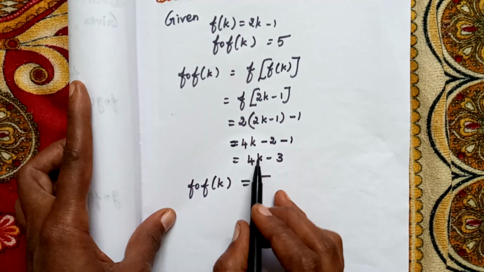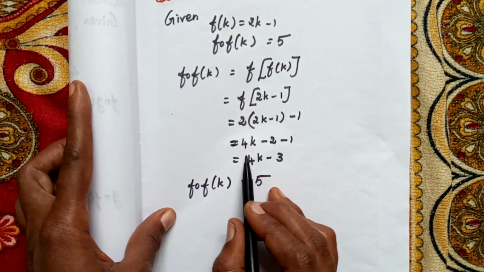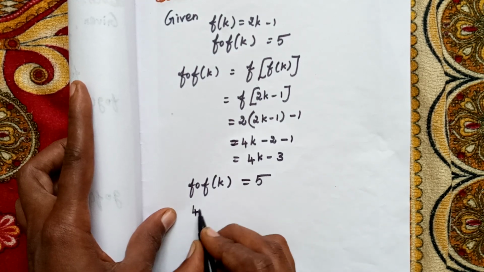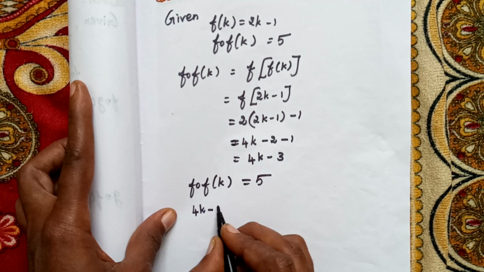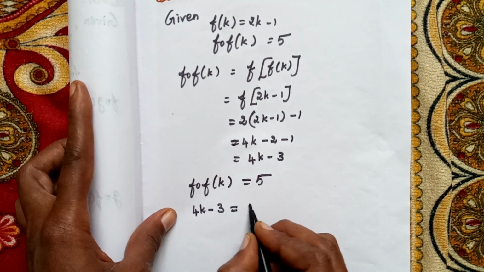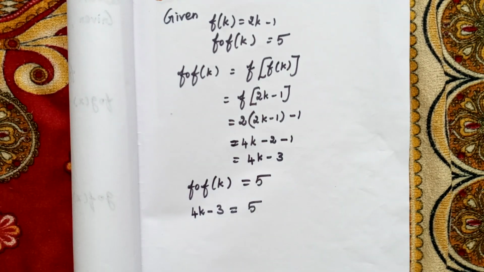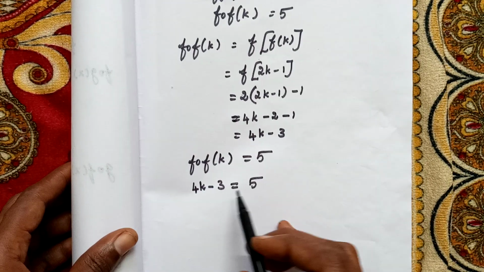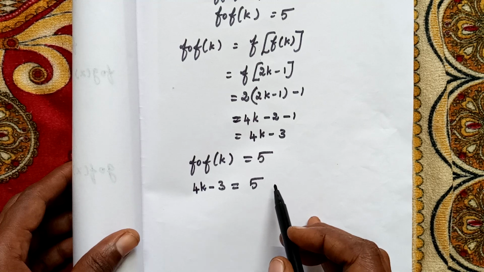What's the value of f composite f of k? 4k minus 3. So in place of f composite f of k, we substitute 4k minus 3 is equal to 5. This minus 3, we can take to the right hand side.